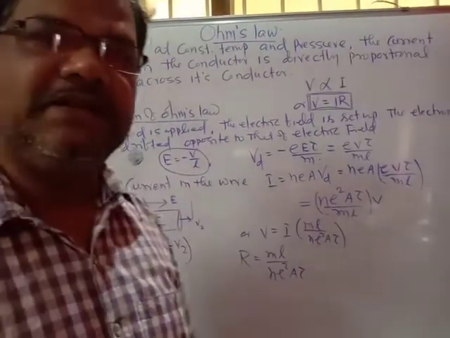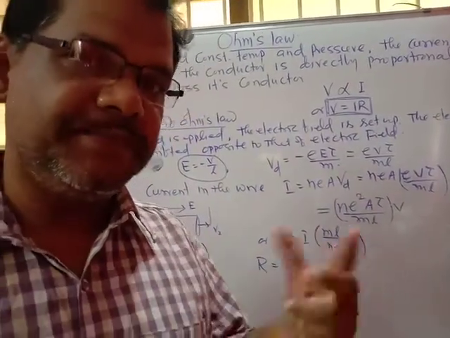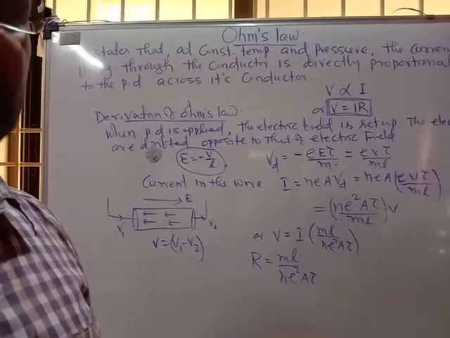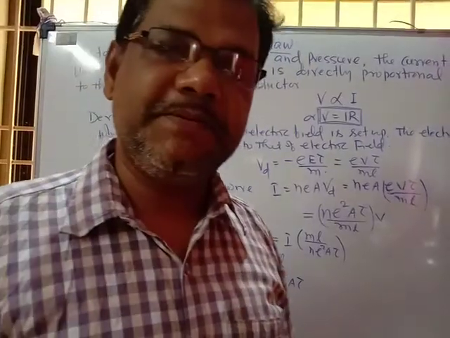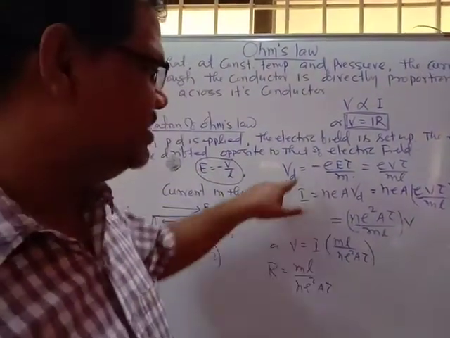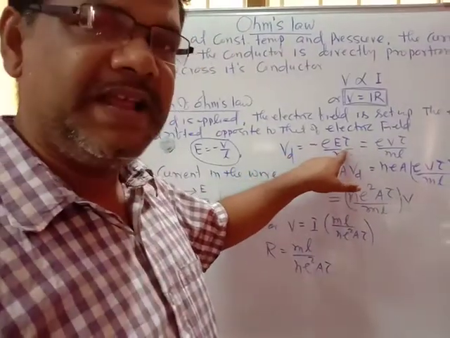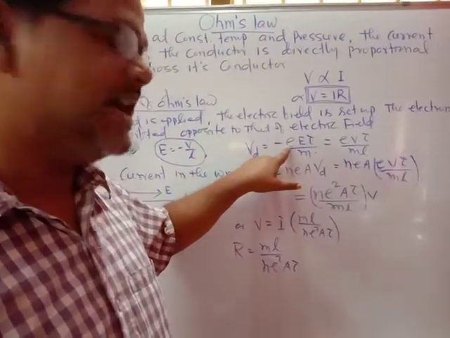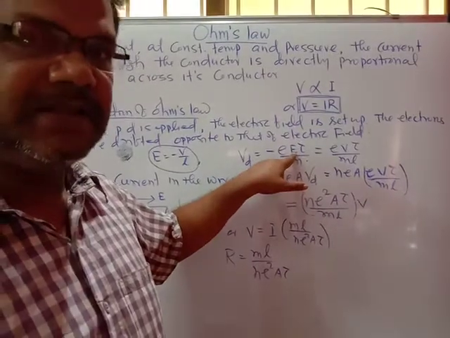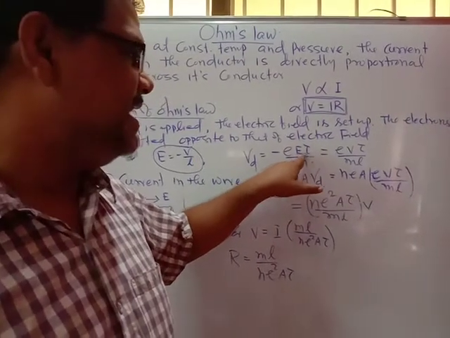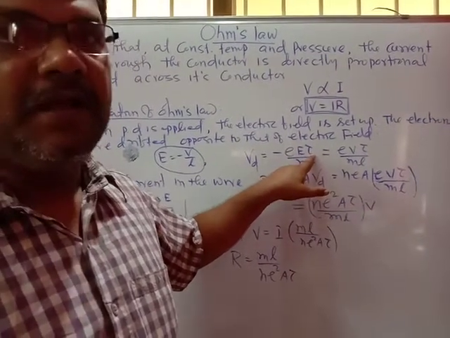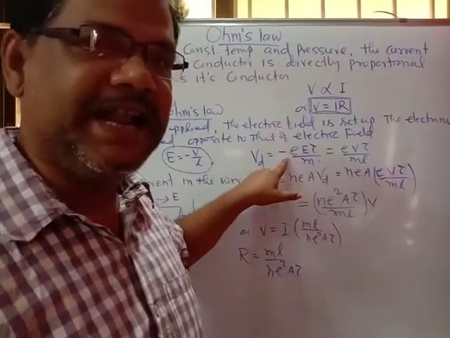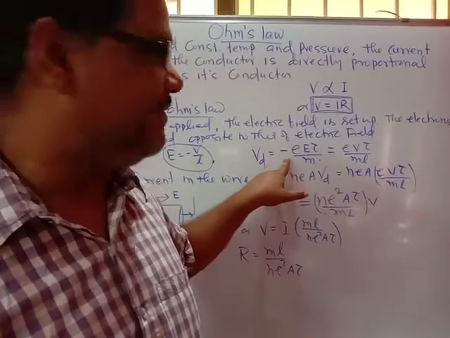Another thing is that the electrons drift opposite to the electric field. The expression for the drift velocity, you know it, is Vd equal to minus e E tau upon m. Here e is the charge of the electron, E is the electric field intensity, tau is the average relaxation time, and m is the mass of the electron. The negative sign indicates it is opposite to the electric field.